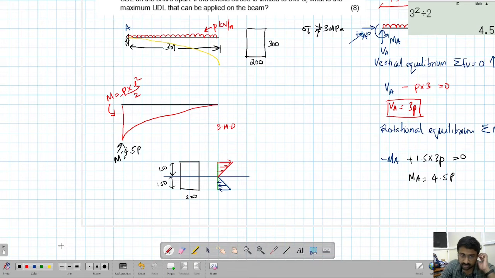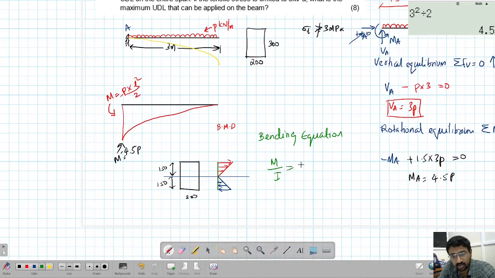How are stress and bending moment related? By the bending equation: M by I equals sigma by y equals E by R. The last portion I don't need, so I'll use only M by I equals sigma by y. At a given section we know M, and we can calculate I about the neutral axis.